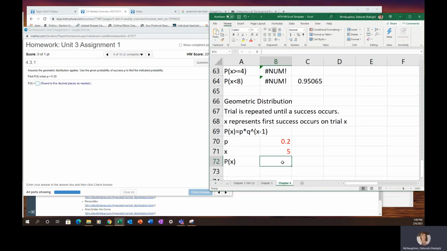And again, the probability is, oh, I need Q, hang on. I'm going to switch these around. Okay, and then I need Q. And remember, Q is just 1 minus P.